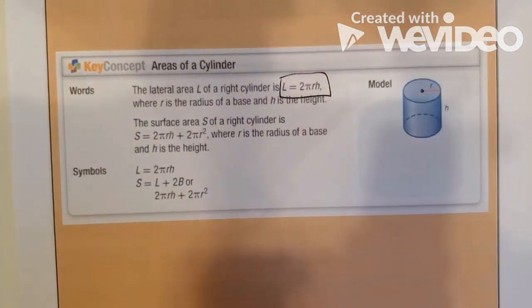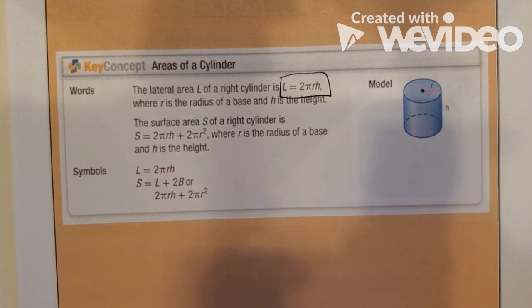Because the lateral area of a cylinder is 2 pi r h. And 2 pi r should probably sound familiar because it's the formula for the circumference of a circle, and circumference is just the perimeter of a circle. So it pretty much comes from the exact same place. It's just a little bit different because we're dealing with cylinders now instead of prisms.